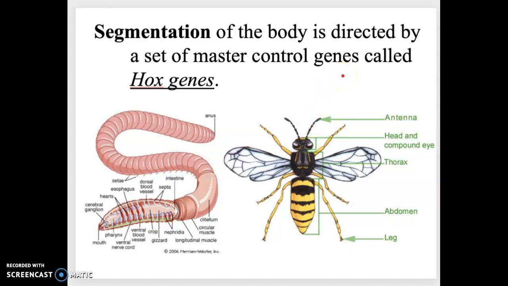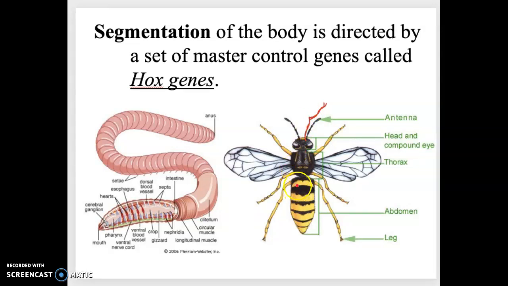We can tweak these genes, and mutations do it unintentionally, but it happens. But we're learning how to tweak them where, I don't know why you would do it, but you can tweak the gene to produce a leg coming out of the individual's head. Now, definitely not a good feature for the organism.